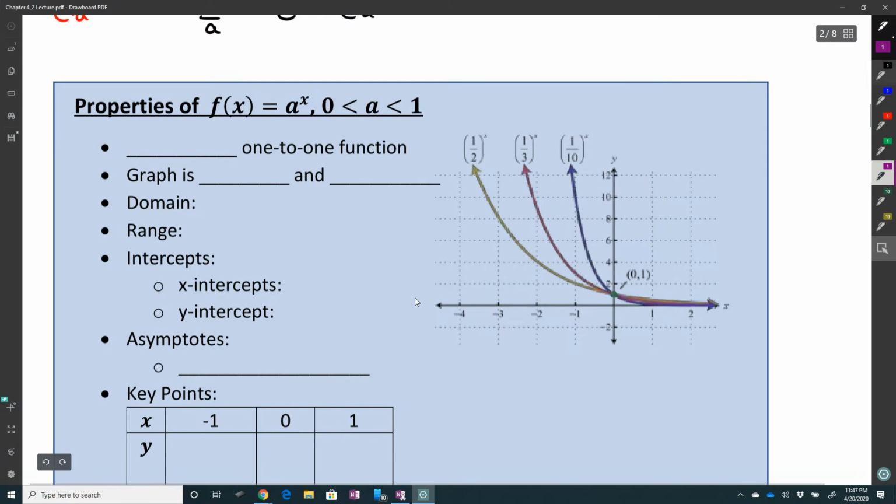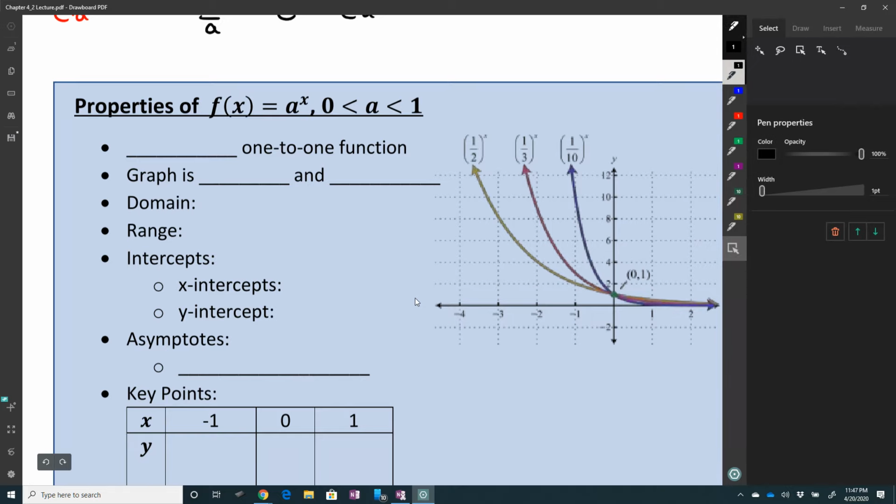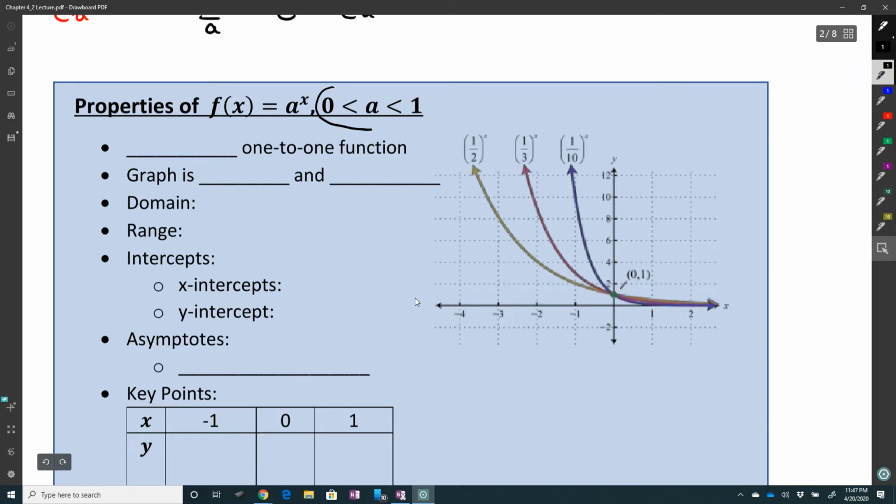If a is between 0 and 1, examples of this would be 1/2 to the x, or 3/4 to the x, or 1/10 to the x, or even 0.3487 to the x.